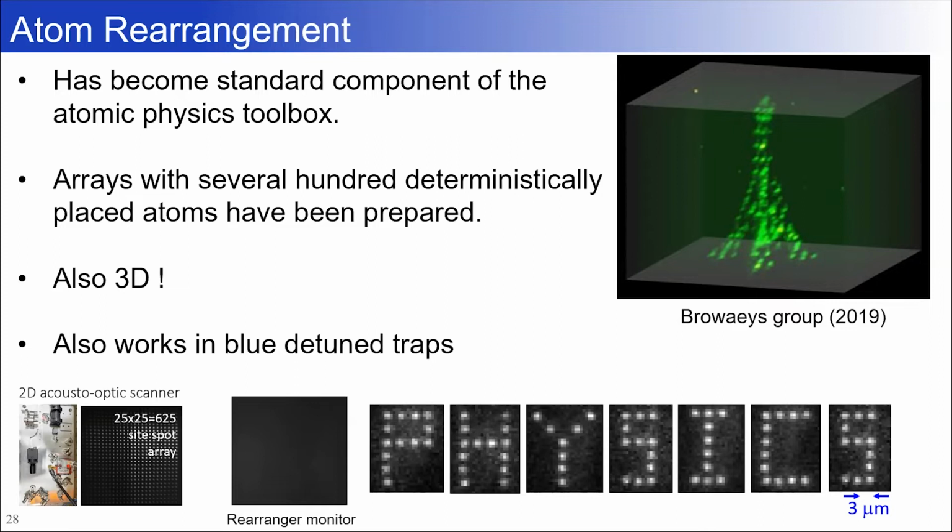Great question. When you load these arrays of traps, the traps are quite small, but you can, in principle, get more than one atom. What was shown by Philippe Grangier first 20 years ago is that if you put more than one atom in one of these very small traps, collisions will eject the atoms, and generally they get ejected in pairs.